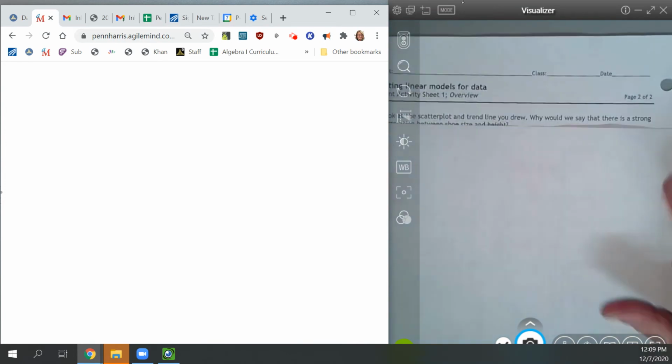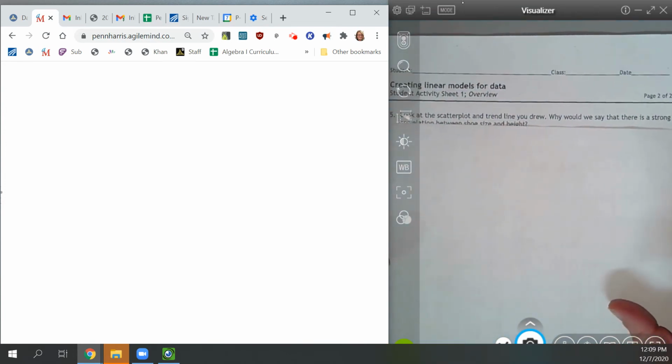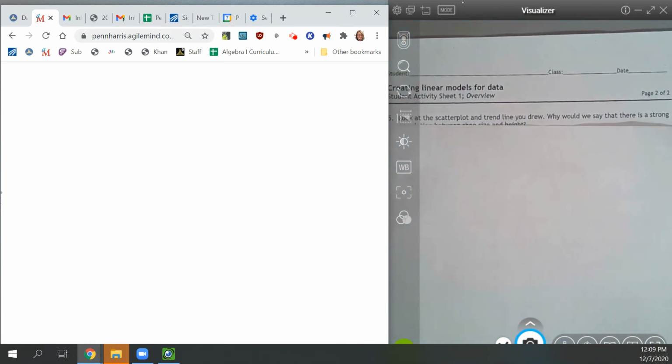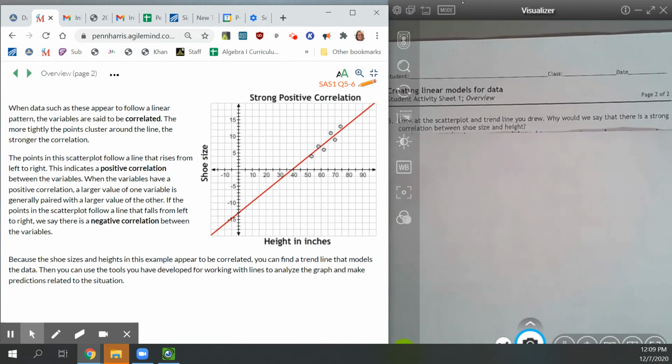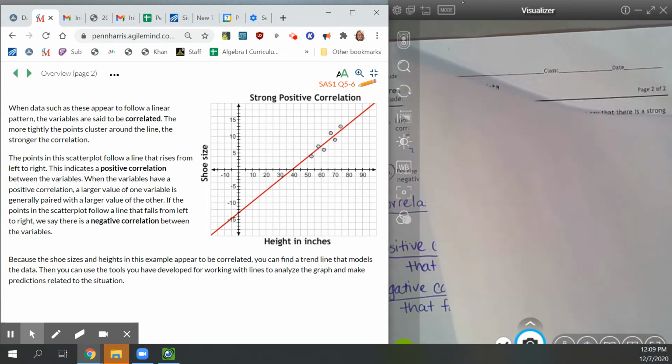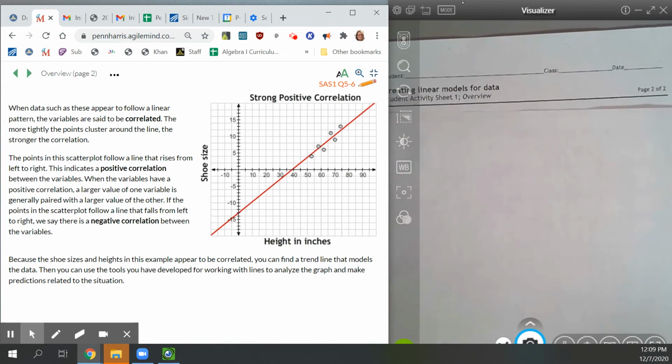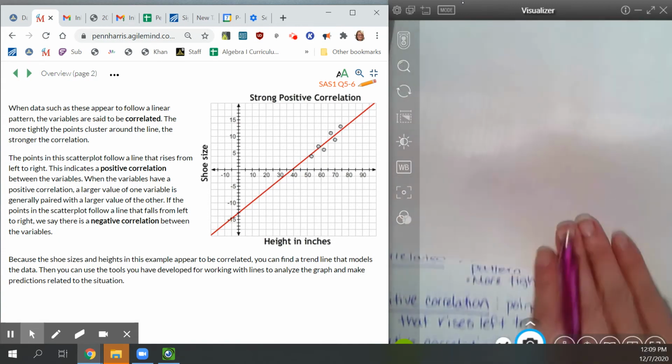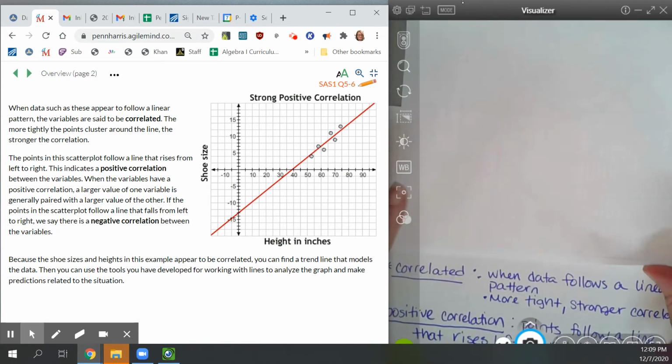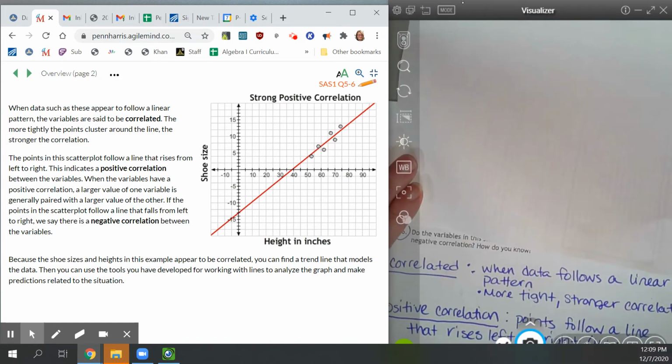On number 5, they want us to take a look at the scatter plot that we drew, and they want to know if there is a strong correlation between shoe size and height. Well, in order to do this, guys, I want to talk about what some of the things are. So I'm going to jump down here to question 6.